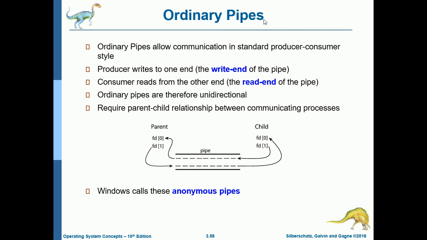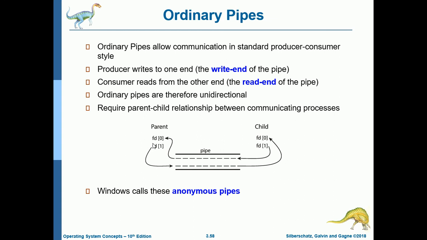So this illustration illustrates the relationship of the file descriptors, so that's why we have the FD array for the parent and child process.